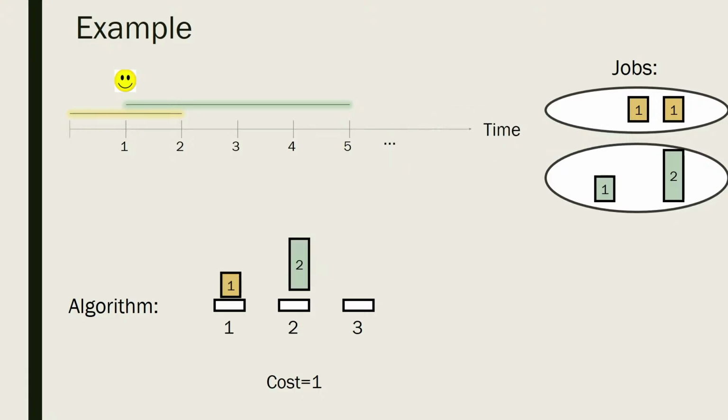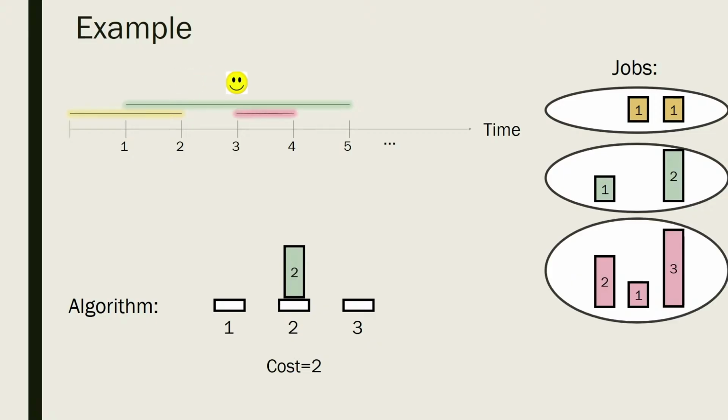I put it on the second machine, and now the cost is 2. Now I advance, and the first job has already disappeared because it ended. I advance and get another job. It has a duration of a single unit. I put it here. Then I advance, it disappears, and so forth. And this one disappears. So it's a dynamic version, with arrivals and departures of jobs.